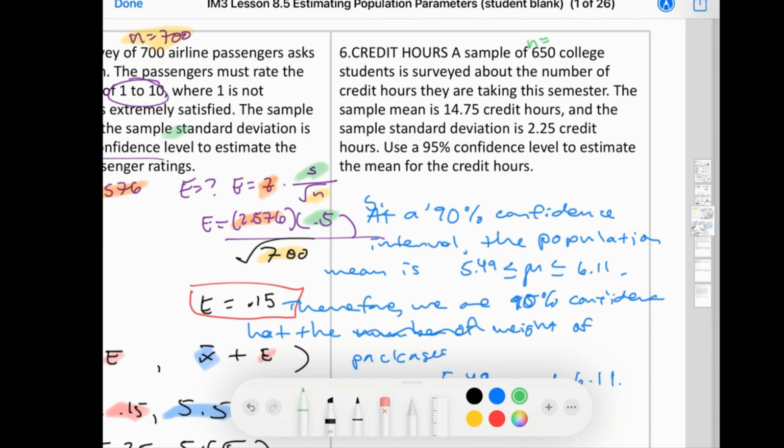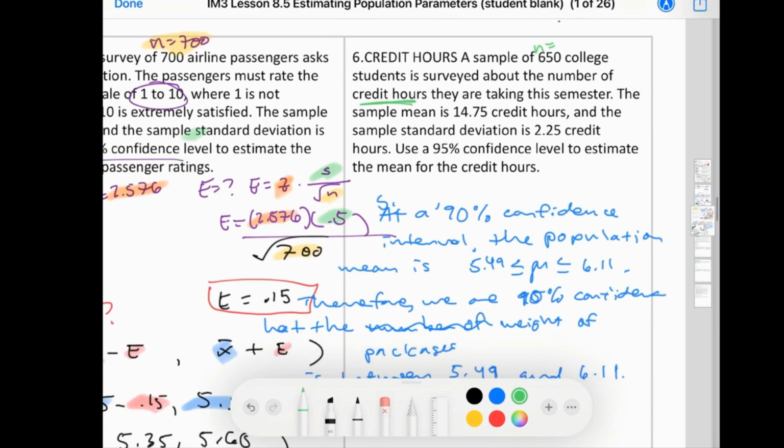College students are surveyed about the number of credit hours they are taking this semester. Credit hours is basically kind of like in high school, you get 5 credits per semester. And in college, for semester-long classes, you get 3 credit hours for a semester. It says the sample x bar equals 14.75, and the sample standard deviation is 2.25.